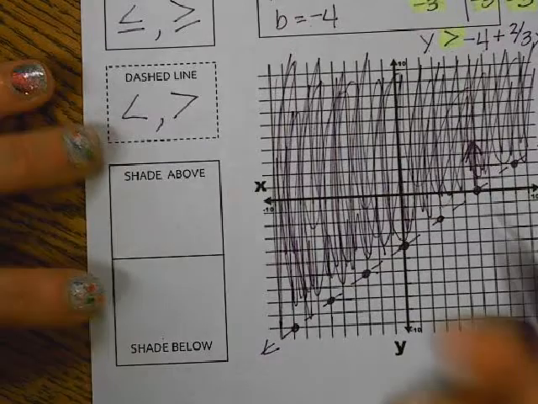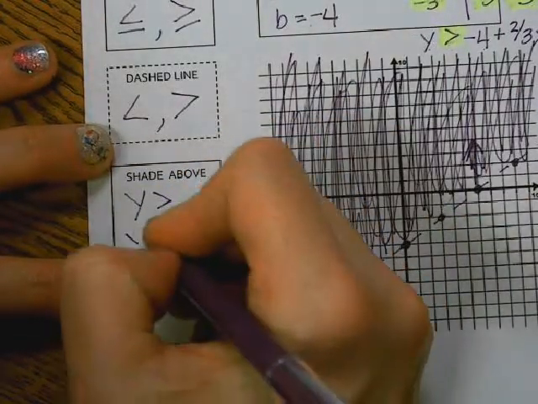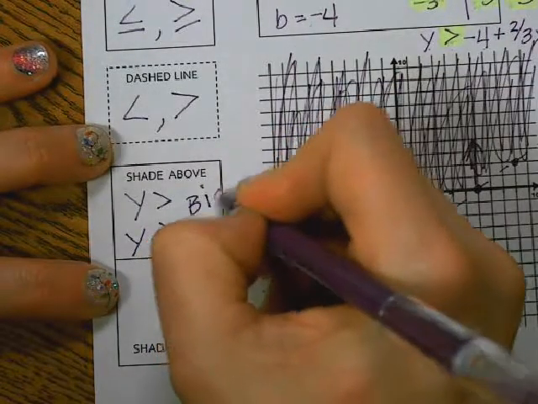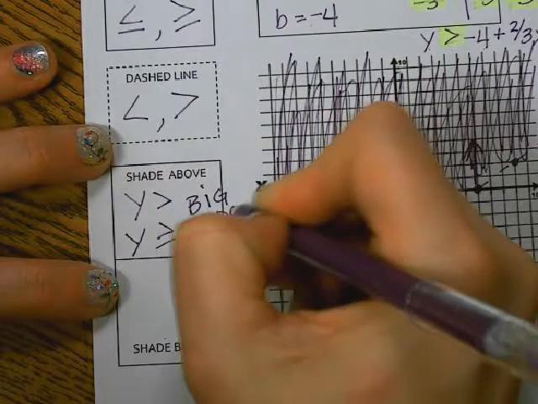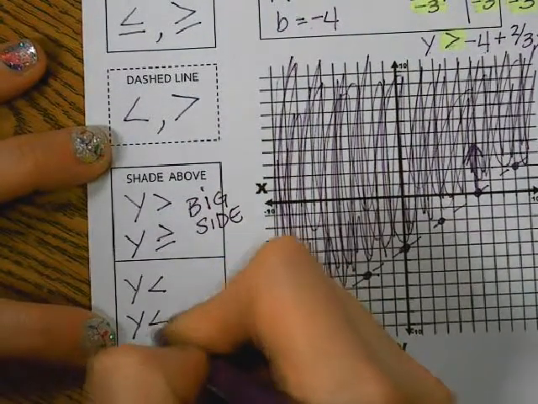We're going to put those directions here as well. So if y is greater than, or y is greater than or equal to, it's on the big side. And we shade down if y is on the small side.